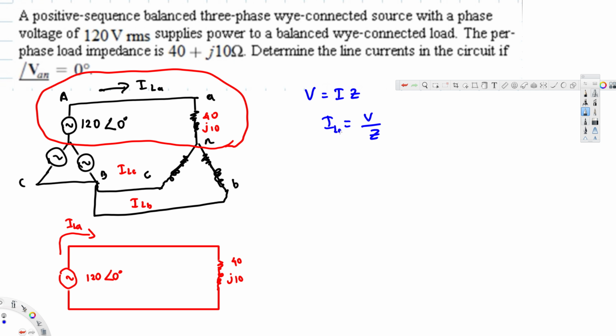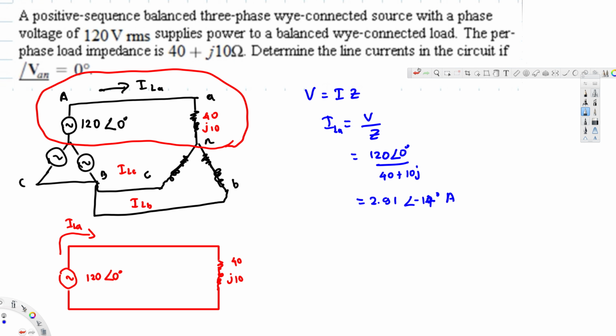This is ILA: V is 120 at 0 degrees divided by the impedance, 40 + 10j. If you calculate this, you are going to get 2.91 at negative 14 degrees amperes. That's it, this is our ILA.